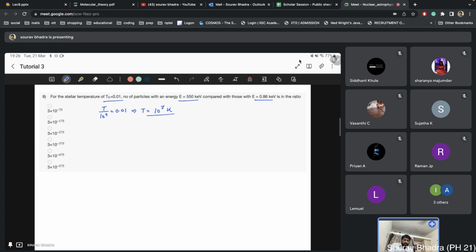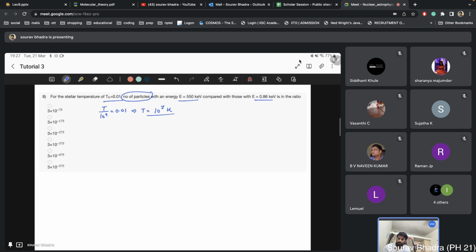The energy values of two states have been given, E equals 550 and E equals 0.86. Now we have to calculate the number of particles. It is a very good question, so I will tell how to do it.